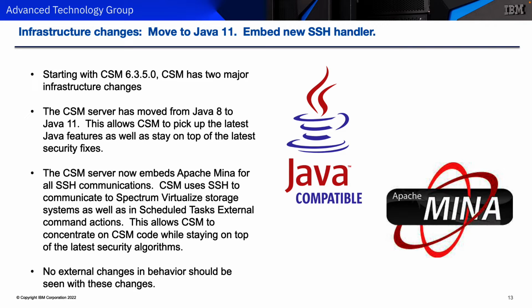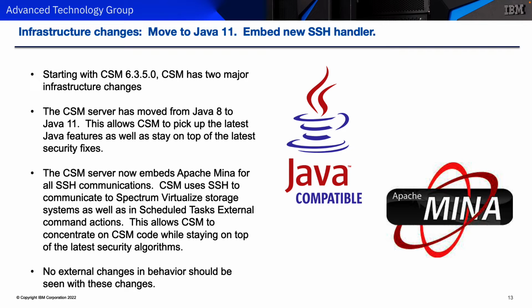Now, in the past, our SSH code was all developed internally to IBM. It was an IBM internal kind of SSH, but it wasn't kept up to date in our product, and so we had to keep that up to date in terms of security and so on. In order to ensure that we're developing towards our customers and their requests, we decided to move from that internal SSH code to Apache Mina.